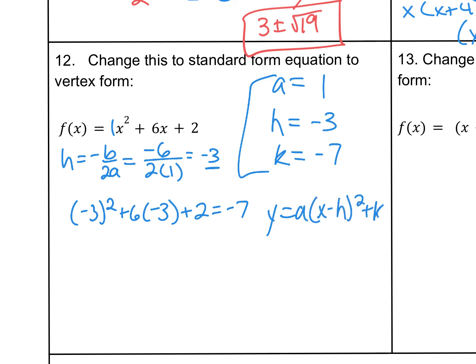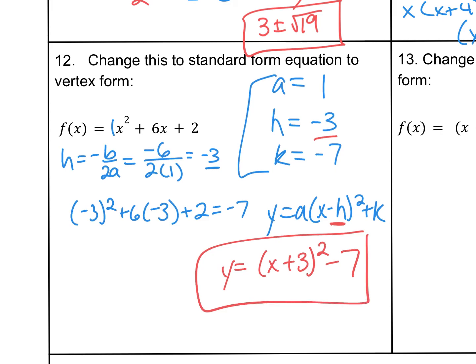So I just plug in the numbers that I have. Y equals 1. I don't even necessarily need to write the 1 because it's invisible. Minus H, but know that H again is the one we got to flip the sign on. So if it looks like a negative 3, it's actually positive. And then K is a minus 7. And that's it.